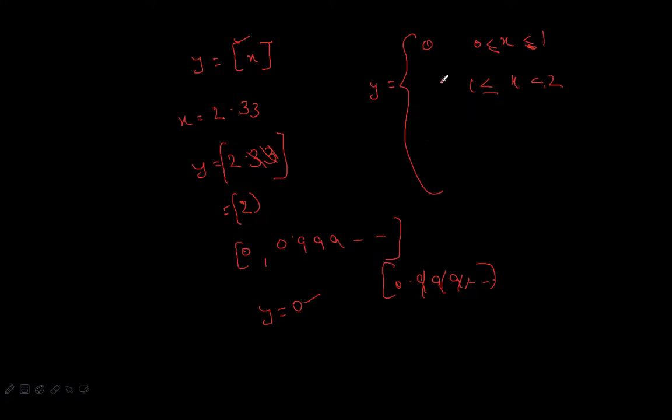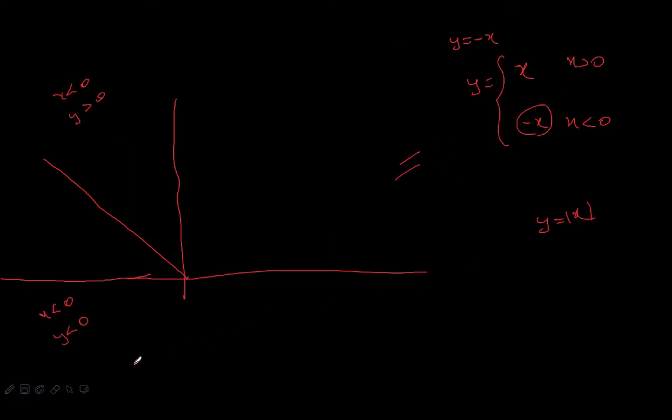For this whole interval the value will become 1, because the interval is 1 to 1.99999, whose step x value is 1. So it will become 1. For x equal to 2, up to less than 3, it will become 2, and so on, like this the graph will continue.